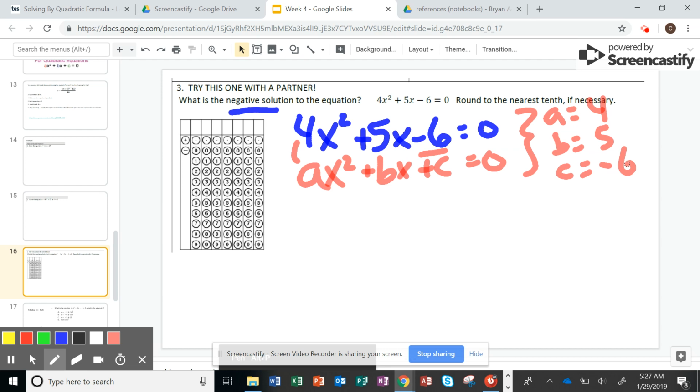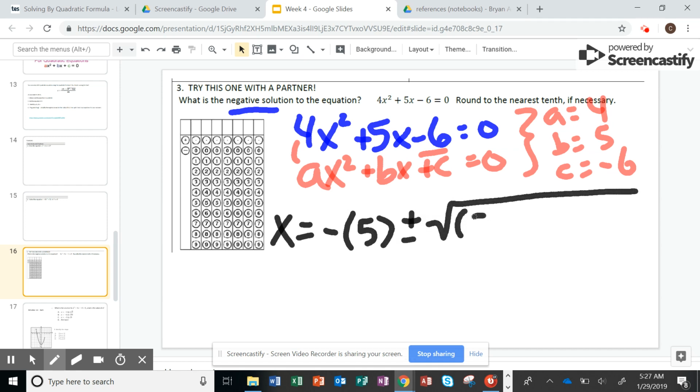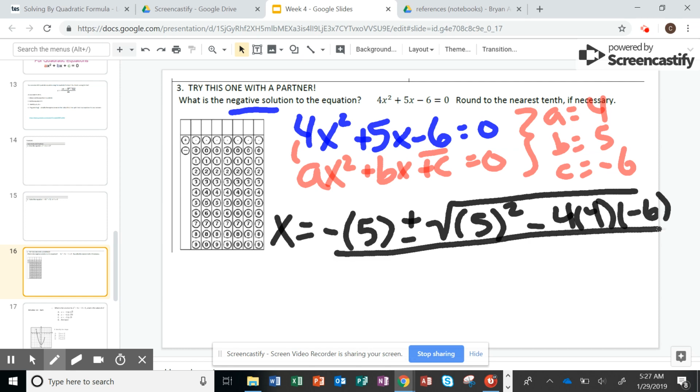So plug and chug into the quadratic formula. So we have x equals negative, our b value is 5, plus or minus the square root of negative 5 squared minus 4 times a and c, all over 2 times 4.